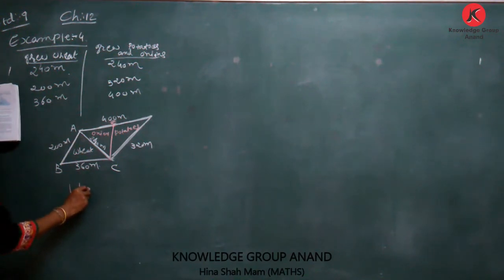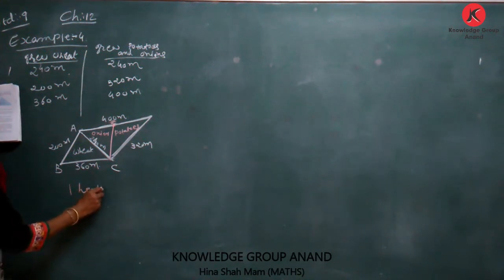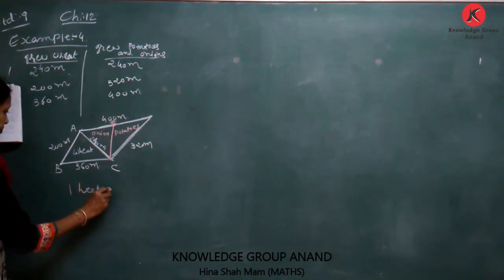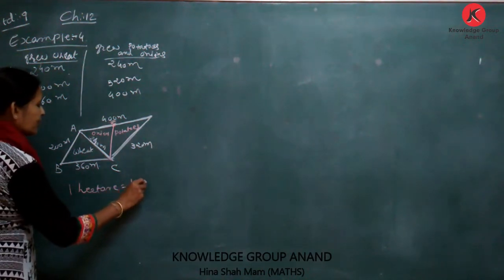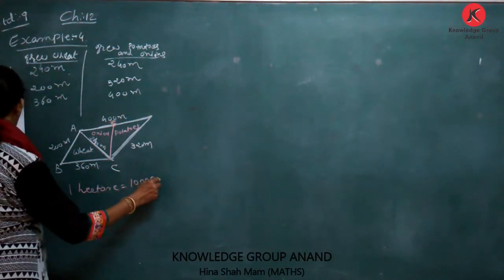1 hectare is equal to 10,000 meters square.